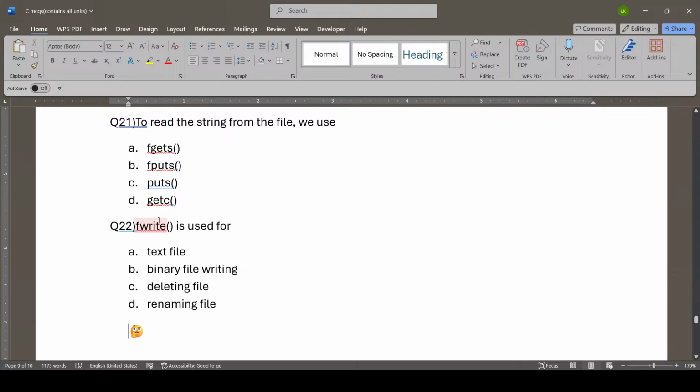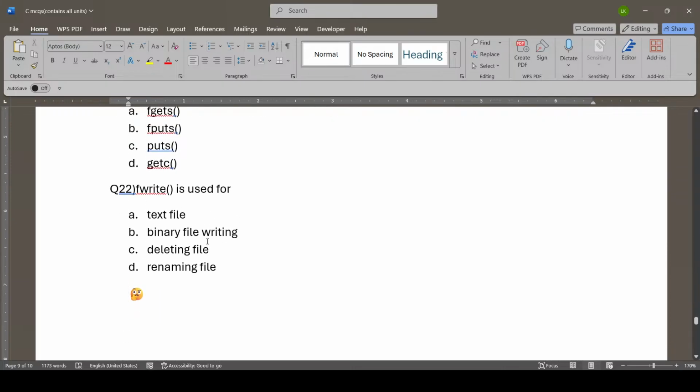Give me the answer now. What is the main function of fwrite? What is the main purpose of this fwrite?